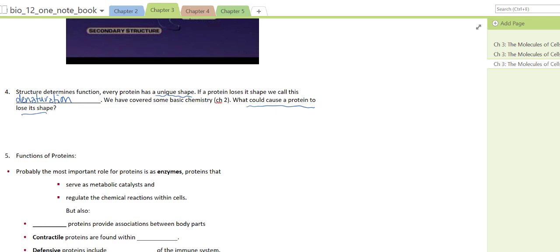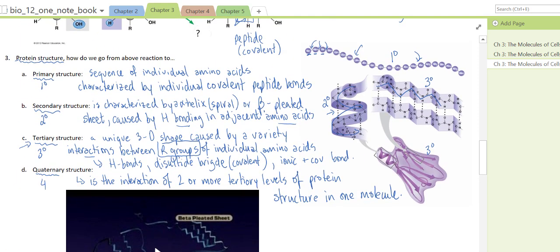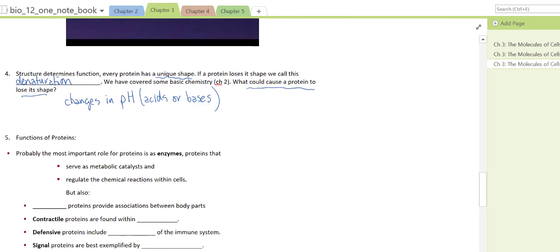Well, if you thought of things like changes in pH, the addition of acids or bases could have a strong impact on the shape of the protein because it could disrupt hydrogen bonding or other types of interactions that we brought up above that create this three-dimensional shape.